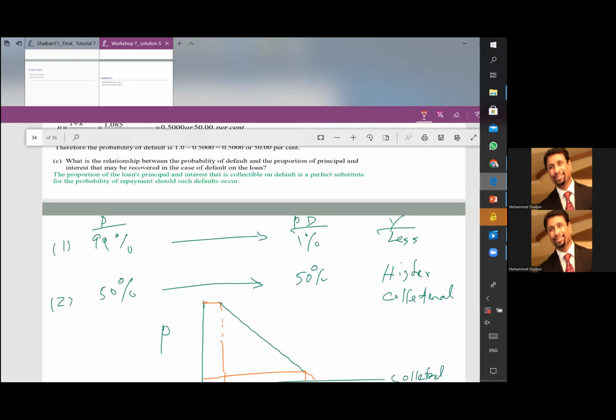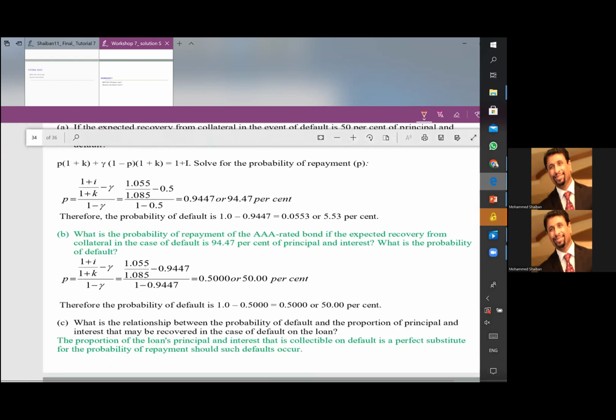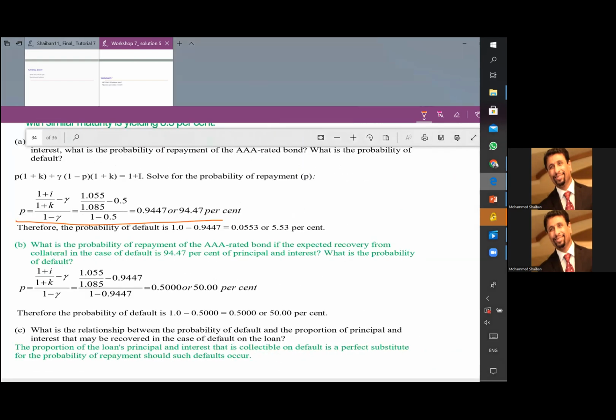Can you prove this? Yes. Look, you can use this formula. For somebody who has a probability of payment of, if you have a collateral of 50%, now the probability of payment will be 94.